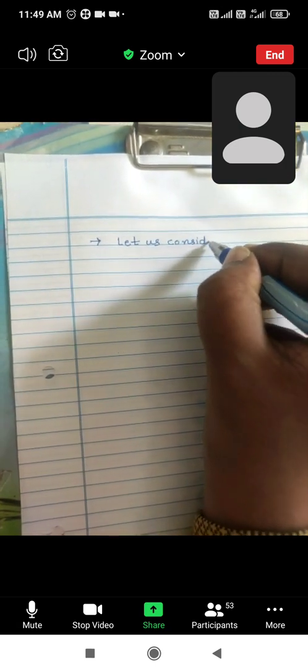Next point, let us consider the initial output of comparator A1 is plus Vset, which drives the integrator A2.